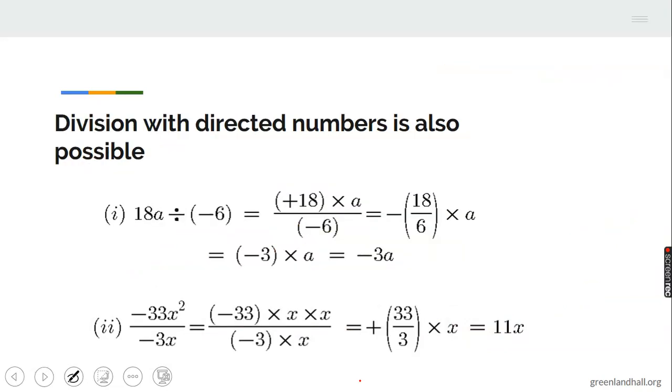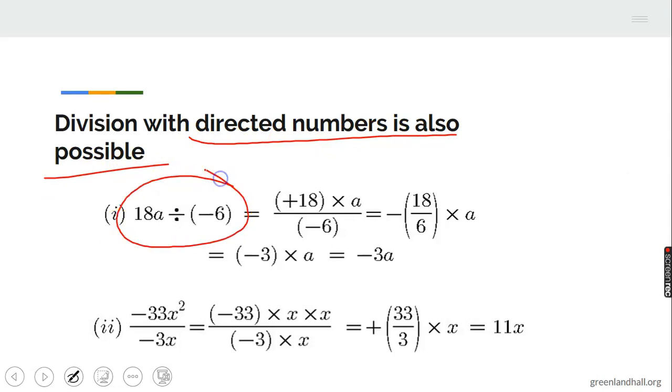Now, division with directed numbers is also possible. Take for instance 18a divided by minus 6. You can see I use brackets to make it look simplified. Now, this division is this line. Look at plus 18 times a divided by minus 6.